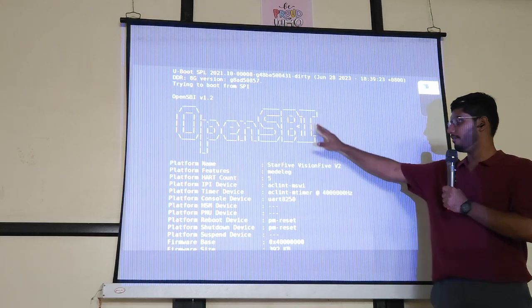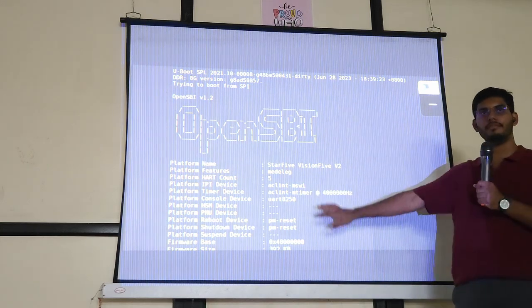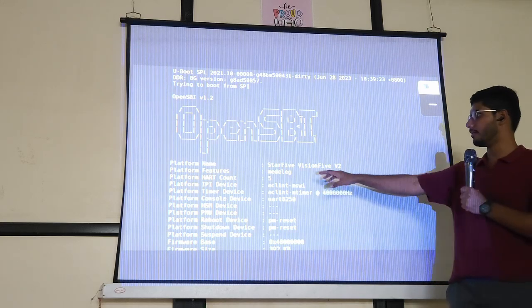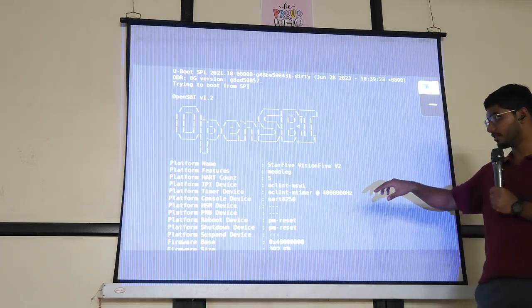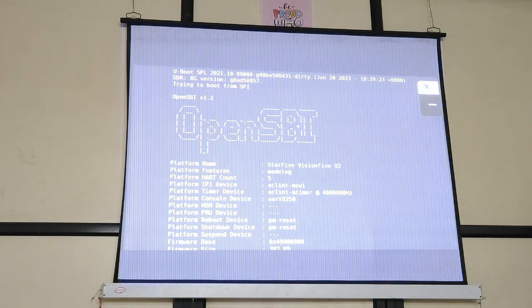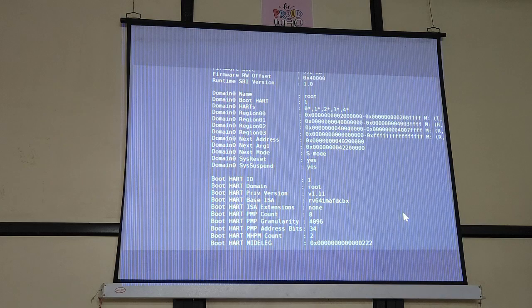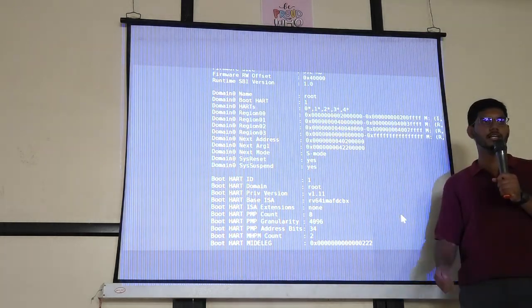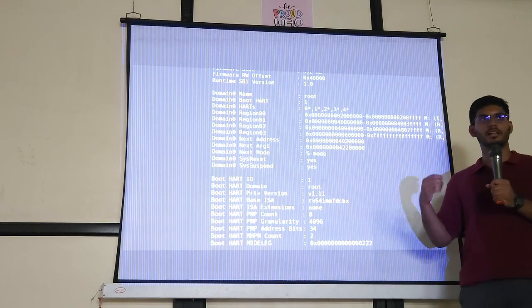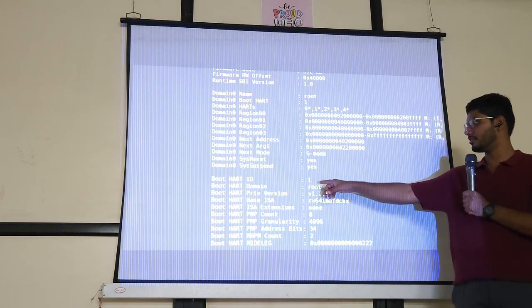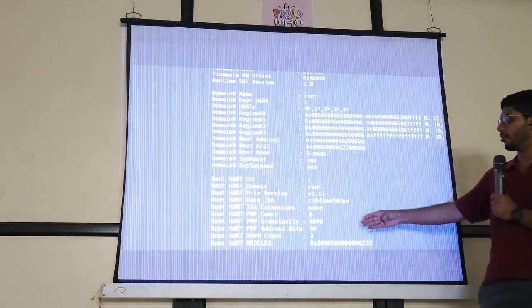OpenSBI will show everything about the particular SoC it is running on, like the platform name, platform features, and various other things like the hart ID. A hart is basically a thread; in RISC-V terms, a thread is named a hart, and the hart ID currently is one. Then the domain and everything is there.